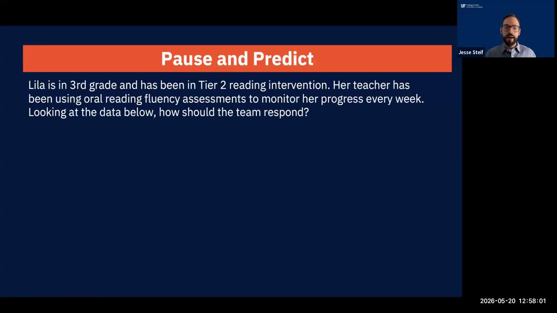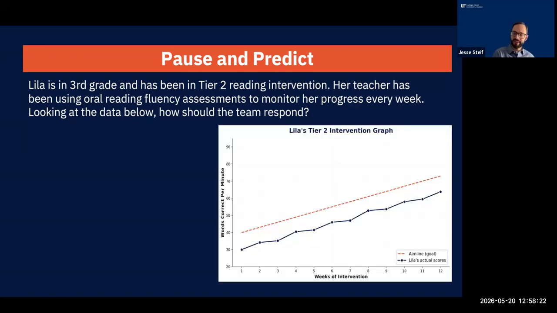All right, we're coming to the end, so here is our last pause and predict. We have Lila, who's a third grader. She's been in tier two reading intervention, and her teacher has been using oral reading fluency assessments to monitor her progress every week. This is Lila's intervention graph.